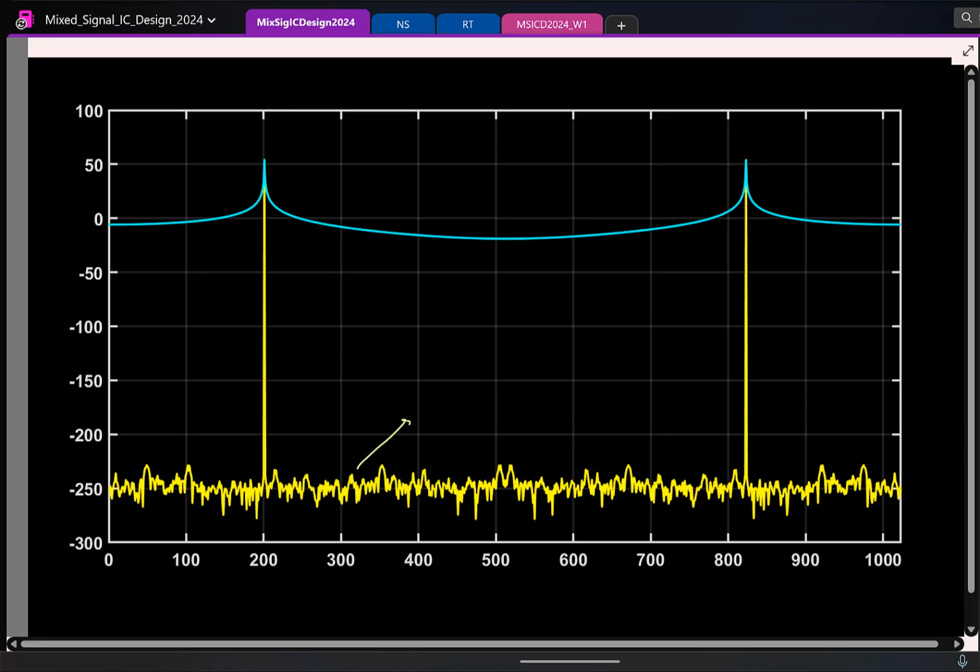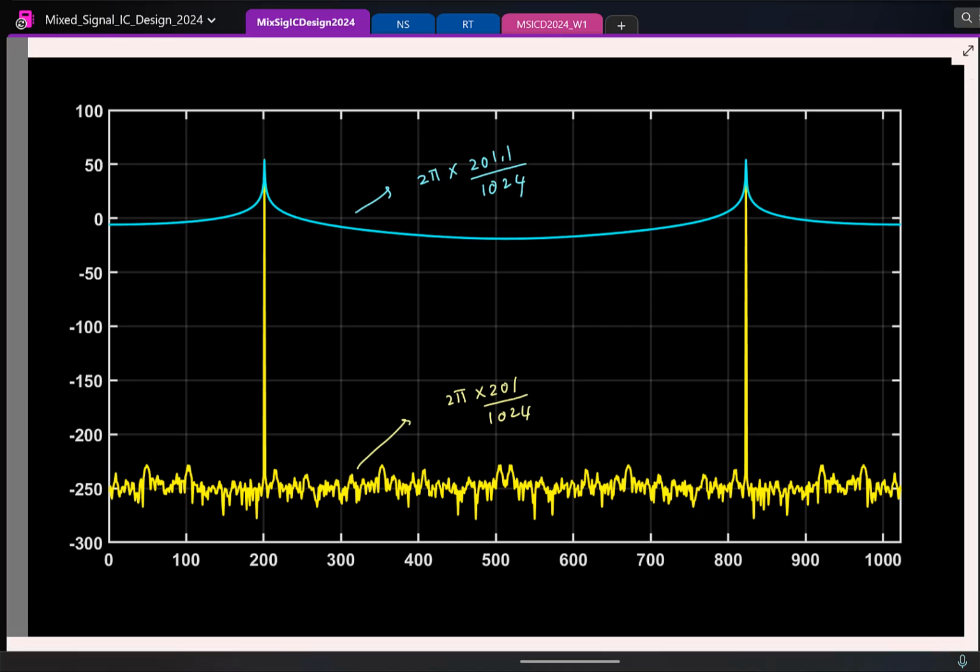Here I am showing two spectrums. One is the old one where I have chosen the input to be of this form. Blue is the one I have chosen the input to be of this form. And as you see now, you see a huge skirt around your tone.